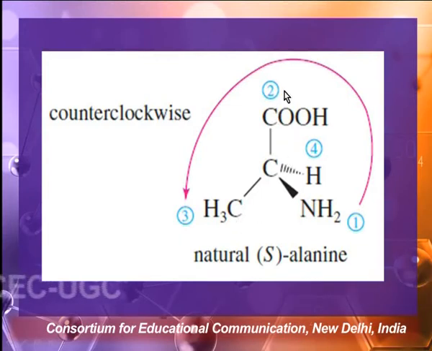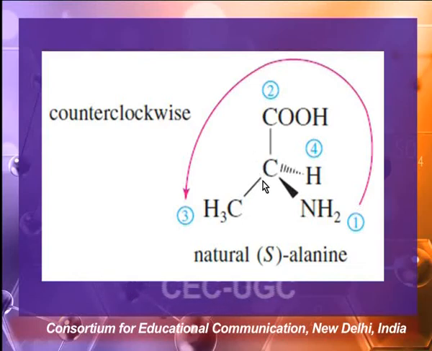So that means the carboxylic group has priority 2. Now we will view the molecule, and we find that our eye travels in anti-clockwise direction when we go from the group having highest priority to lowest priority. So this molecule is assigned configuration S.